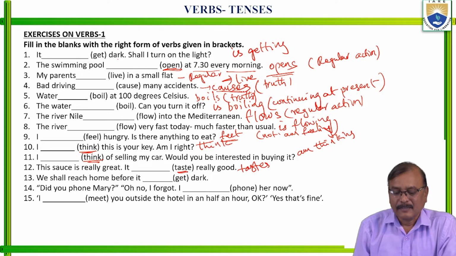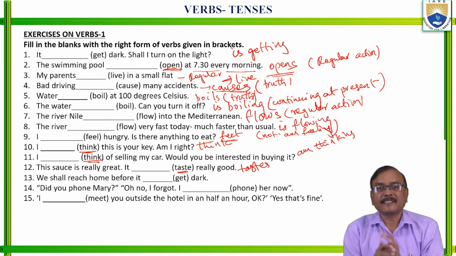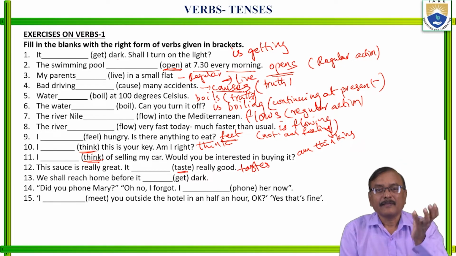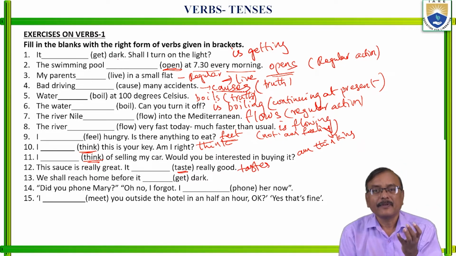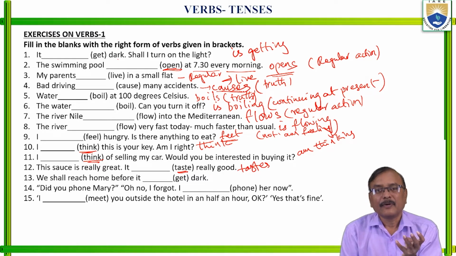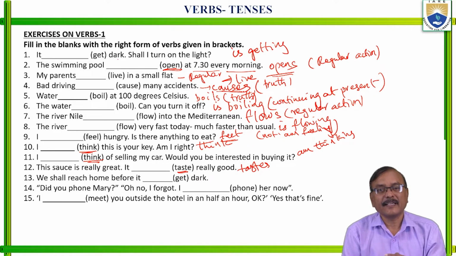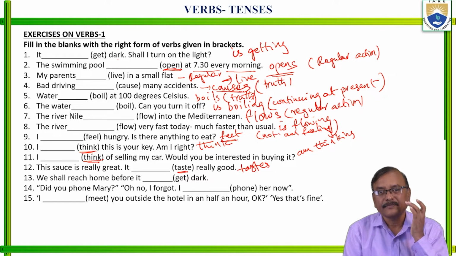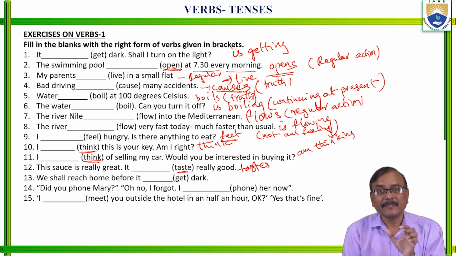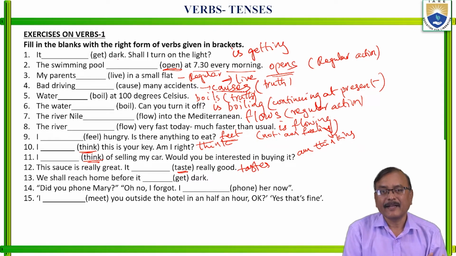Okay, so remember, there is a list like here: belong, believe, know, hope, think, wish, love, like, hate, possess, contain, consist, see, appear, seem, feel, hear.